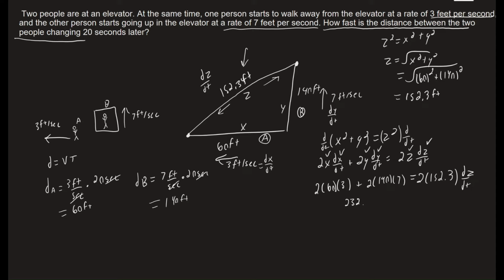So you'll be left with 2,320 there and 304.6 times dz over dt. Now if you isolate for dz over dt, you'll be left with 7.62. And again, what are the units? It's going to be distance over time, so feet per second.